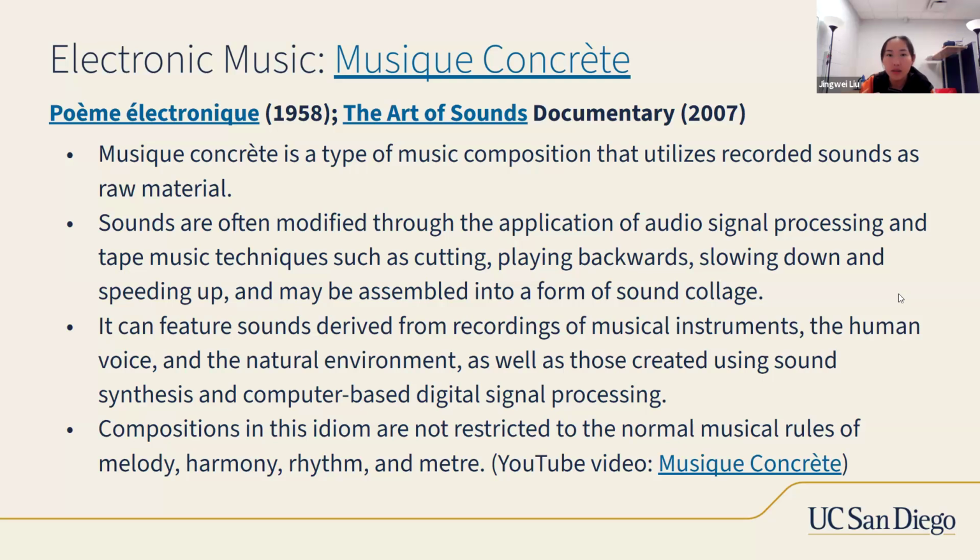Here we can see that the main compositional tool, or the main musical material, changed from playing the physical instruments, the real instruments like piano, violin, guitar, flute, etc., to the manipulation of recorded sound, like a physical tape.